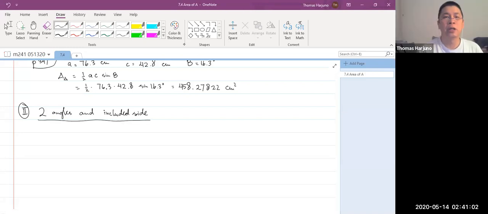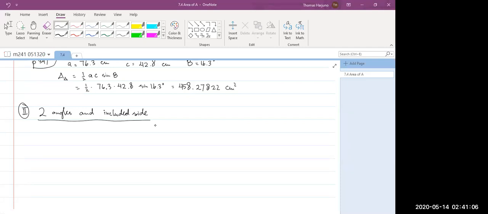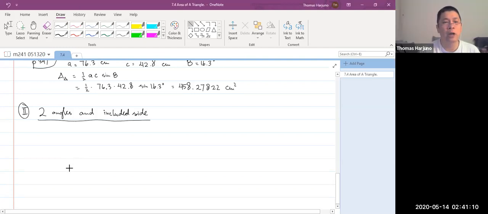Now you will see for the formula that we will develop, it actually comes further from the formula we get in part 1.